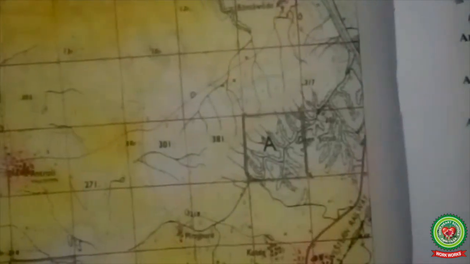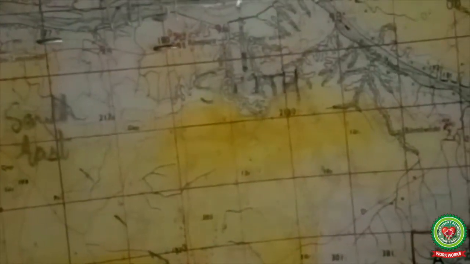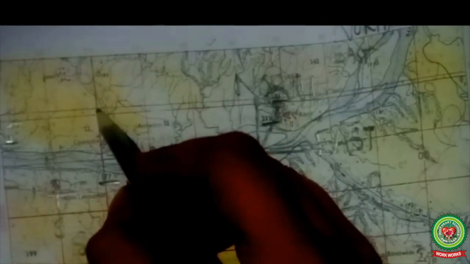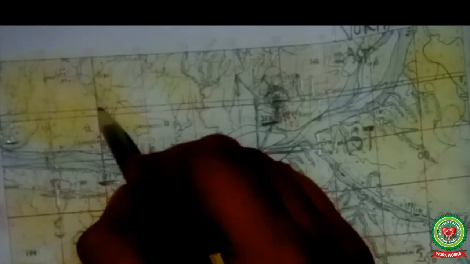Now, coming to the next grid. Let us find out the drainage pattern in grid 9382.